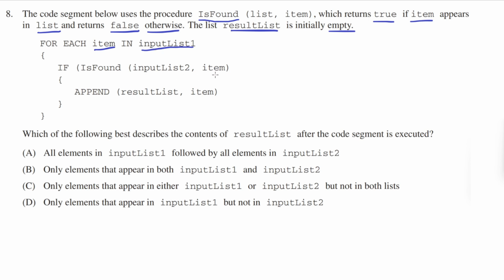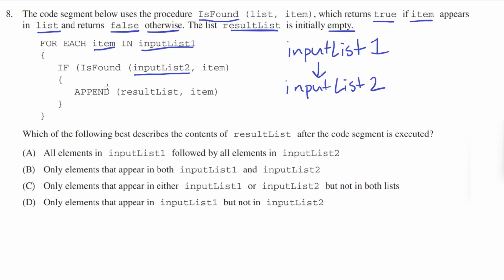It is going to check if this item from list 1 is found in list 2. So we're going through everything in input list 1 and checking if it shares an item with input list 2, meaning an item from list 1 is found in input list 2.